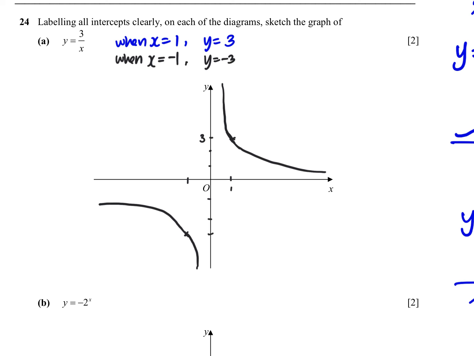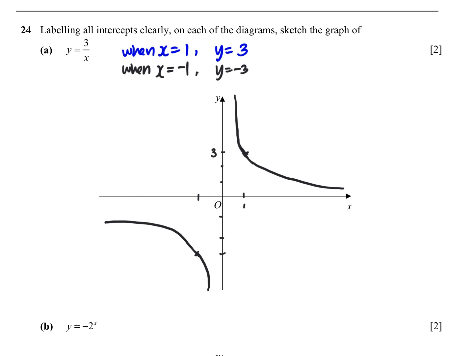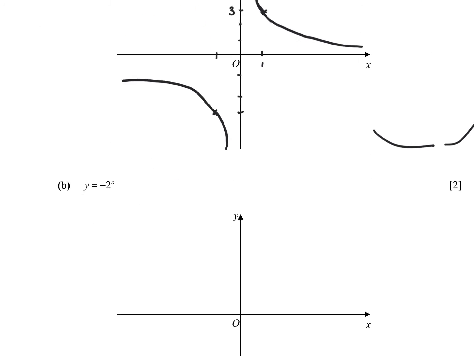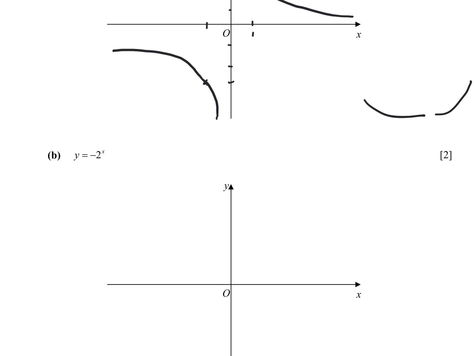Okay, the last one is a little bit tricky. Need to check because this graph can have different sides. One can go like that, one can go like that. Two different directions. So how do we check the direction? We can choose numbers. When x is 1, -2 to the power of 1.